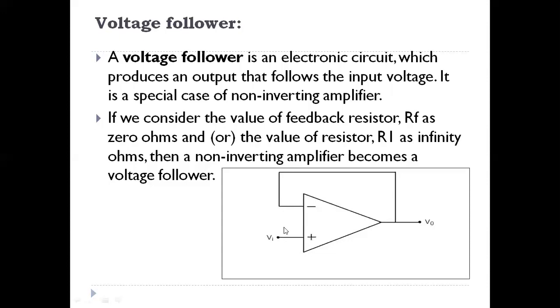So this is the special case of the non-inverting amplifier. If you take the resistances as RF equal to 0 and R1 infinite, then the circuit becomes like this.